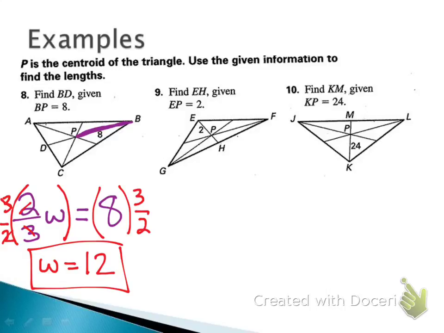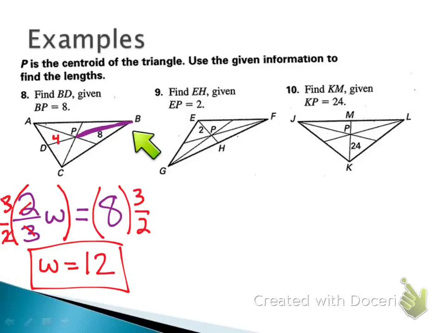Now, a minute ago I heard someone yell 4. What does 4 represent? The other side, D and P. DP. We talked about how the shorter segment is half the length of the longer segment. So if you know that this one's 8 and this one's 4, what's the whole thing?